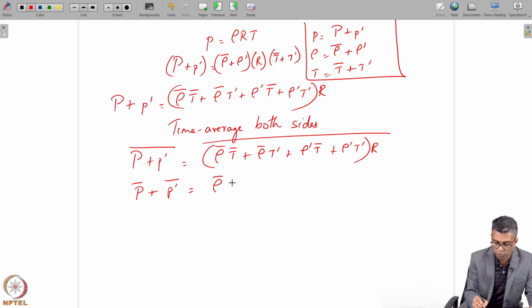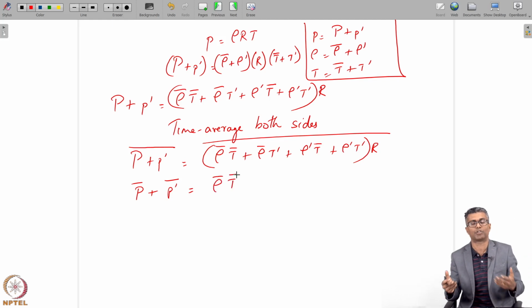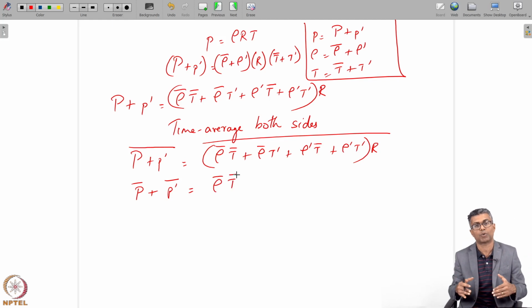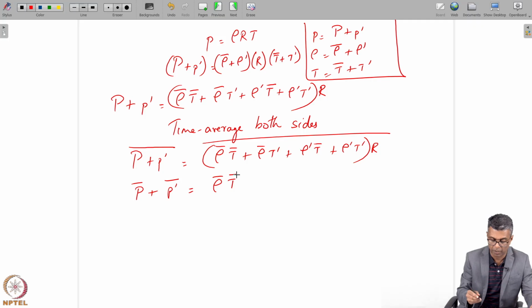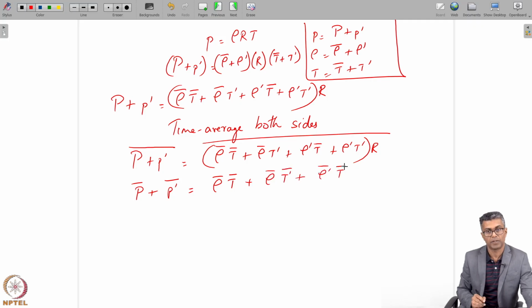So that just becomes rho bar T bar, because you cannot take a time average twice. Even if you take a time average twice, you get the same thing. So rho bar T bar average just becomes rho bar T bar. And then I'll have rho bar, which comes out because that is already an average, T prime bar plus rho prime bar T bar, isn't it?